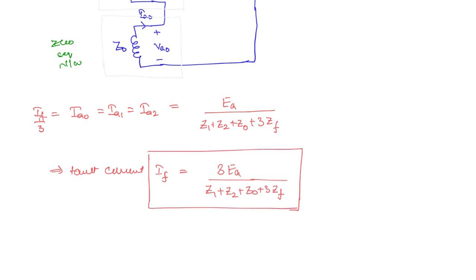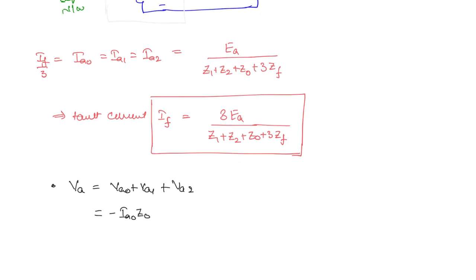Now once we know the fault current and the sequence components, you can find out everything else, all the voltages as well. So you want to find out the phase voltage. So this is VA0 plus VA1 plus VA2. Now what is VA0? This is equal to minus IA0 into Z0, right? And IA0 will be found from IF by 3, right? So you can write IF by 3 here instead.